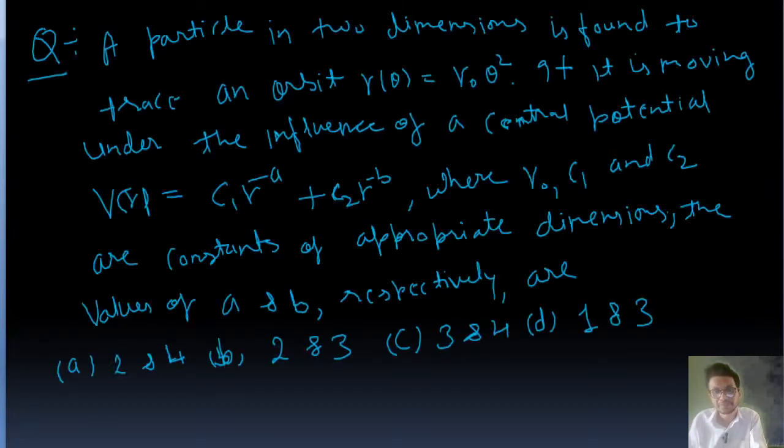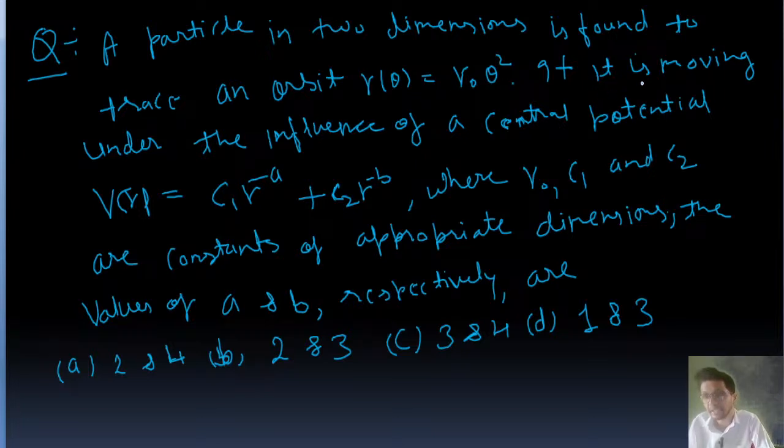I'll explain this question and then I'll solve it. The question is, a particle in two dimensions is found to trace an orbit. The orbit equation is given, r as a function of theta equals r naught theta square.